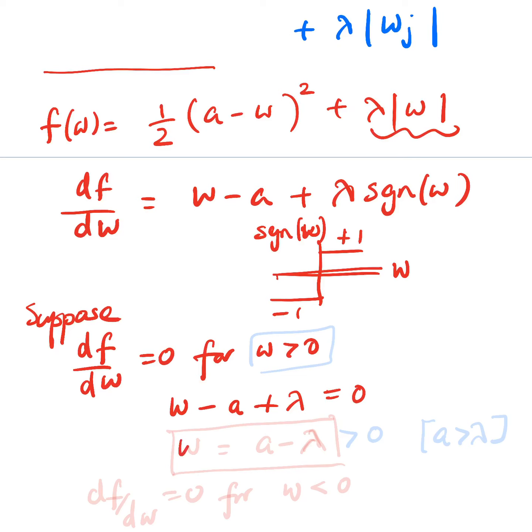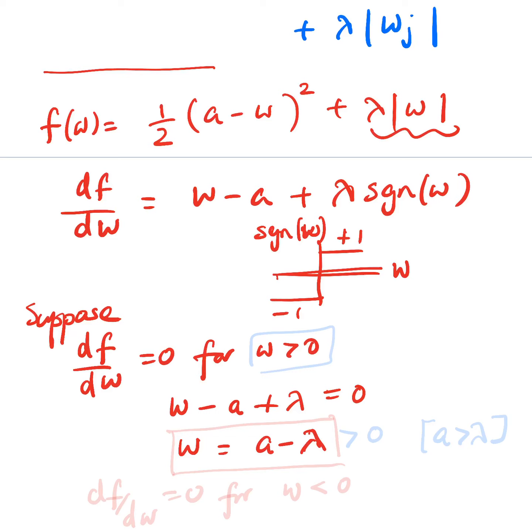So we are saying that w is a minus lambda. So remember, I'm trying to minimize a minus w squared. So if I didn't have any other term, the answer would be w equals a. But here I am actually reducing by lambda.